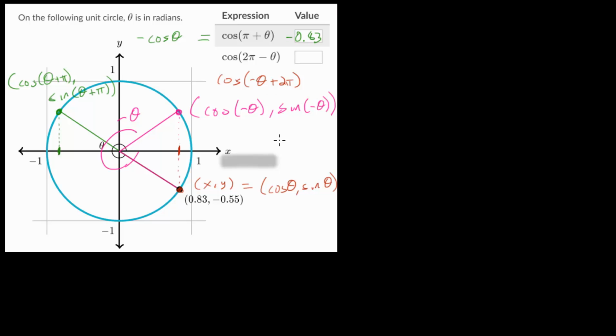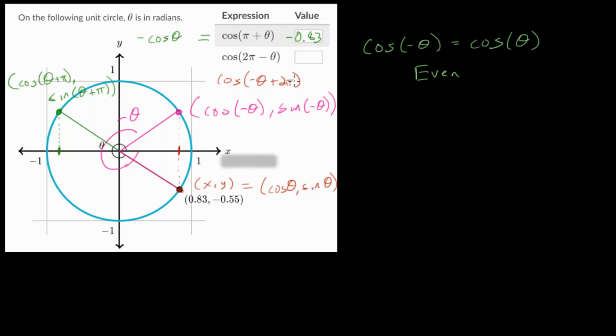And we have derived that in a previous video, but if we plug in negative theta to the cosine function, we just get back the cosine of theta, the original function. And this is the property of an even function in terms of its symmetry. If we look at the graph of this function, we would see that it is symmetric about the y-axis, which is typical of all even functions.